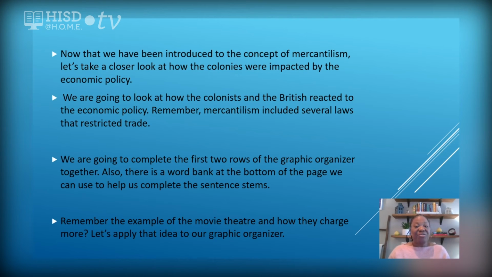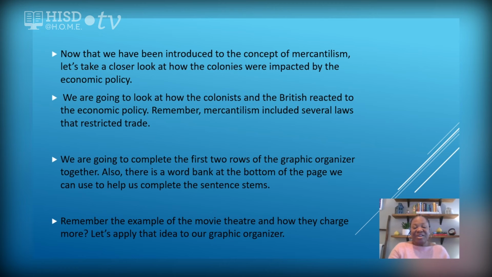Remember how the movie theater will charge you more, and they charge more because they can, because they have rules set that you can't bring in food from the outside. So if you want to enjoy the experience of being at the movies, popcorn, the soda, you're going to have to buy it there. And of course, that means you're going to pay more.